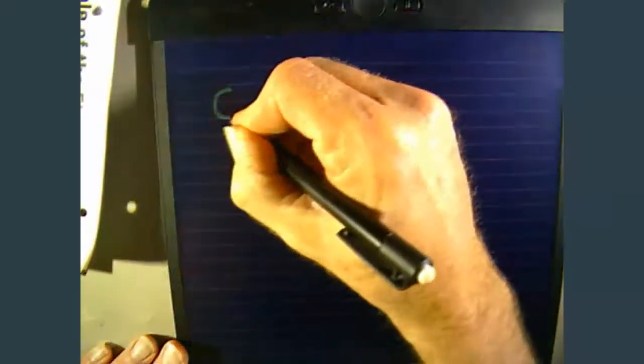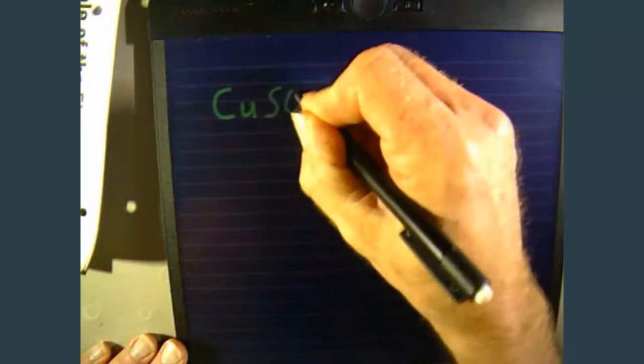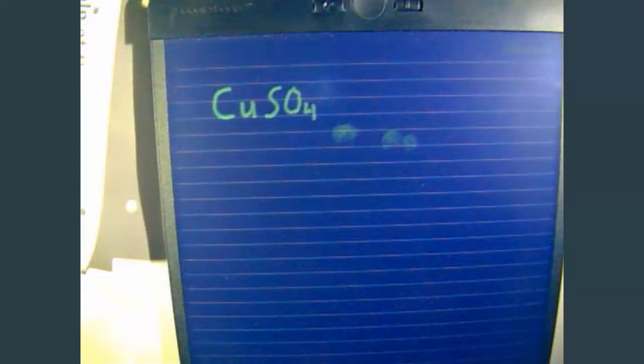Alright, so let's go through a couple of examples here then, and we can go through and name our compounds. So for instance, if I gave you, oh, what the heck, let's start, since I was saying with the copper, let's have CuSO4. So we follow this just like we did with any of the other type 2 compounds.